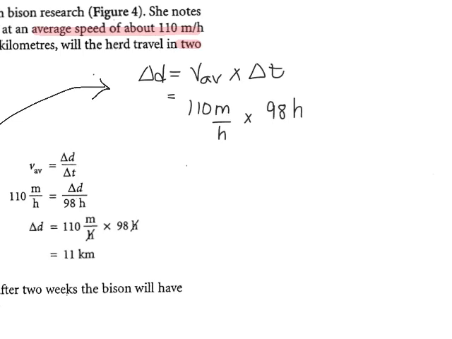If we take a look here, we've got an hour here and we have an hour here. This is like saying hour divided by hour. We don't need those, so we're just going to cancel them out.